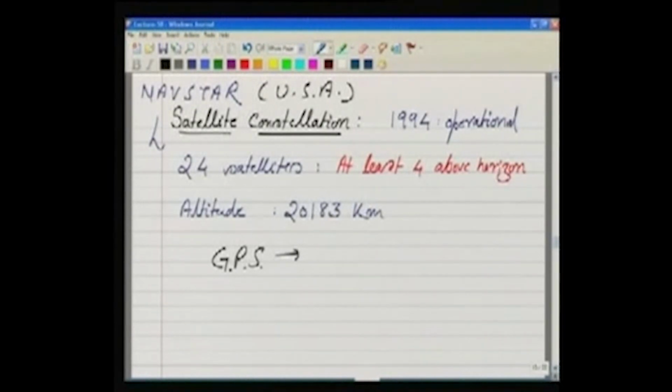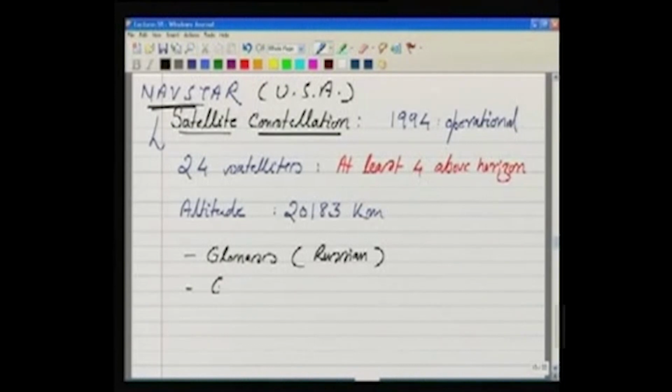So, basically the GPS is the generic name, while the GPS which is being used mostly at the moment around the world is the Navistar. In addition to this Navistar, there is also GLONASS. This is a Russian system. It is being used, but not that often, not as much as Navistar.